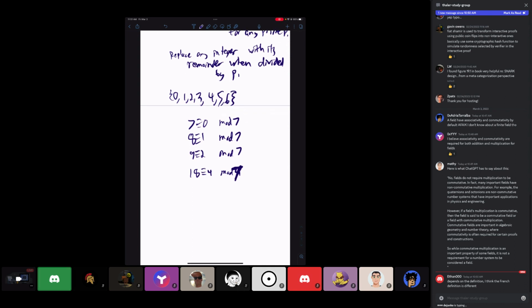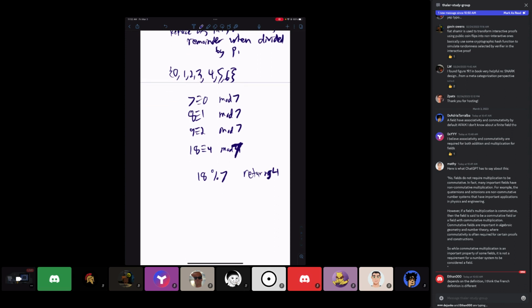If you're a C programmer or a Python programmer, to reduce 18 modulo 7, you'd write 18 % 7 and it would return 4. Whenever p is prime, the integers modulo p is a field.